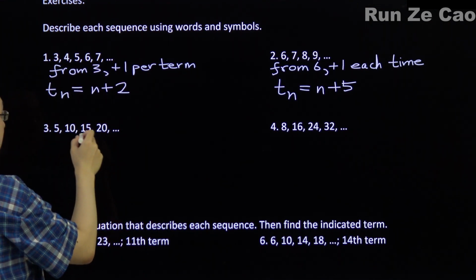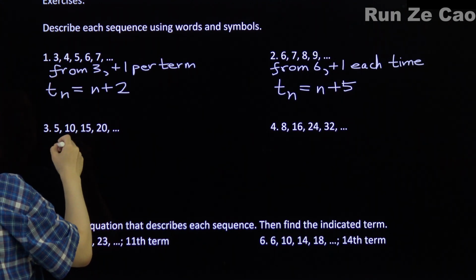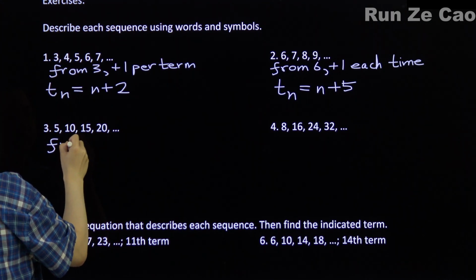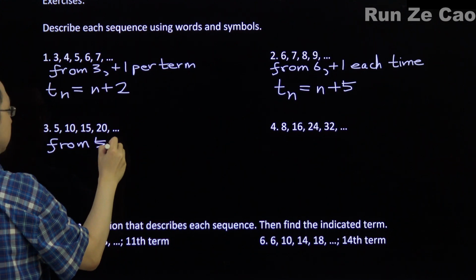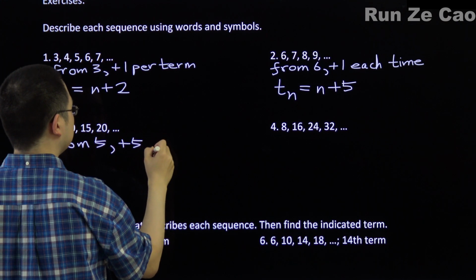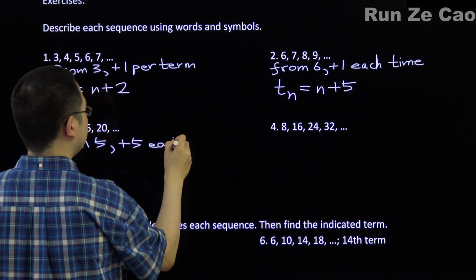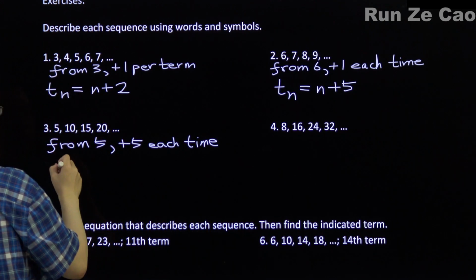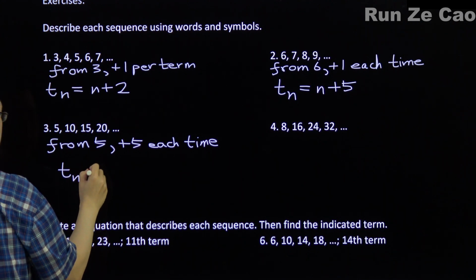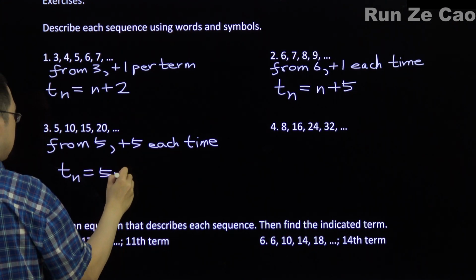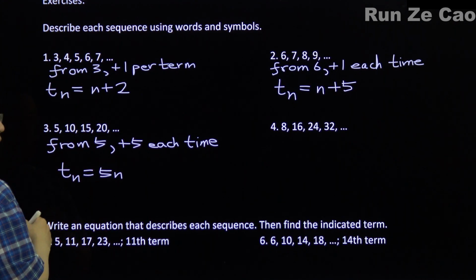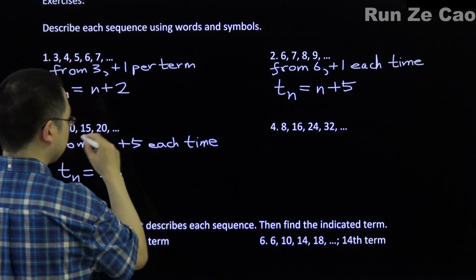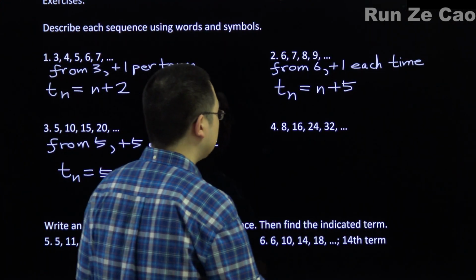So from 5 to 10 to 15, okay, that's 5 each time. From 5 plus 5 each time. So the general term is going to be 5n, and oh, hey, it already works for term 1 and all subsequent terms, so we don't have to add anything.